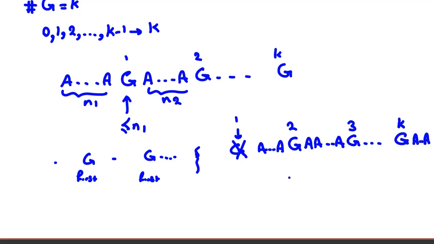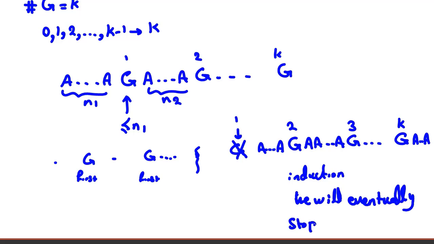Okay, here by induction, you can say that it will eventually stop after finite number of steps. Okay? And the problem has been proved by induction, and we've used k minus 1 here because we have k minus 1.